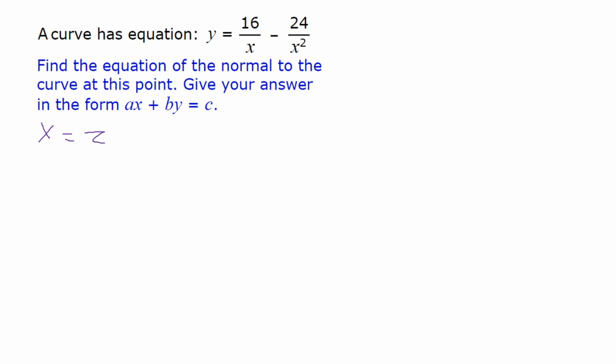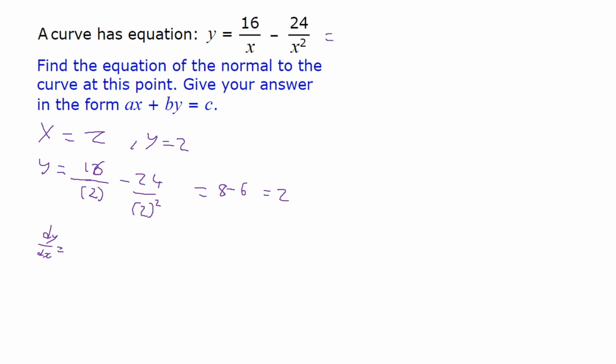So when x is equal to 2, y is going to be 16 over 2 minus 24 over 2 squared, which is just going to be 8 minus 6, and that's 2. So x equals 2, y is equal to 2. So now we need to differentiate.